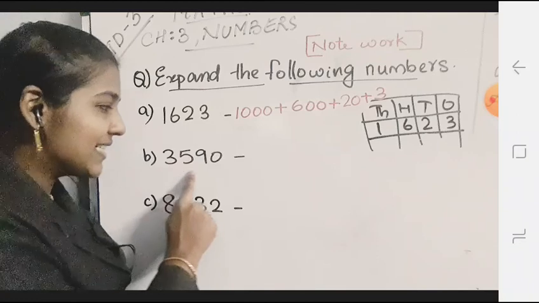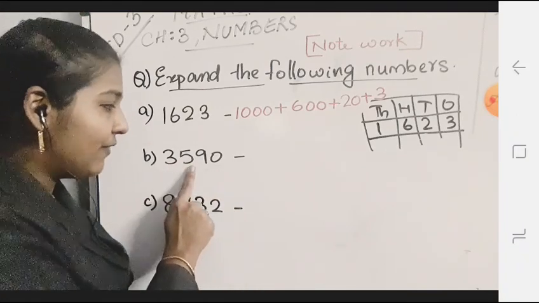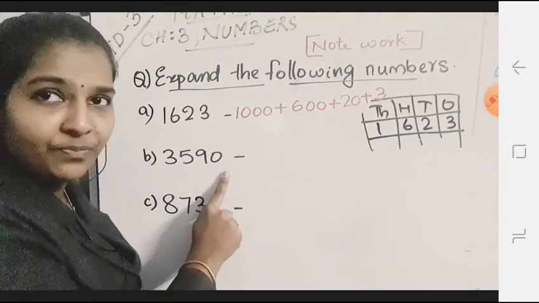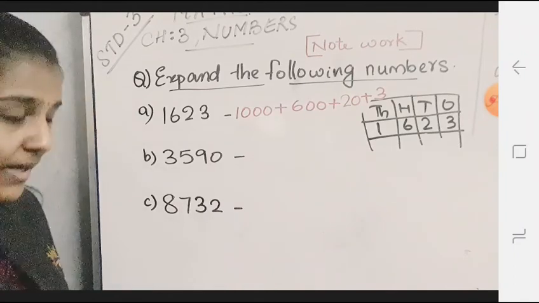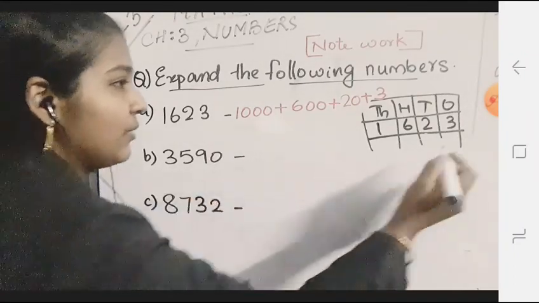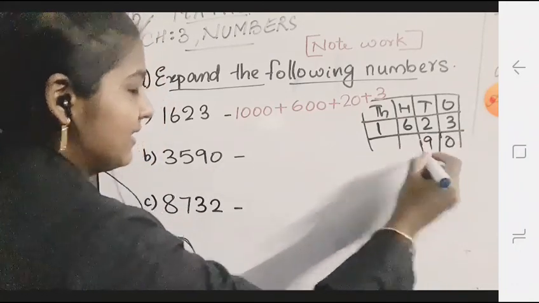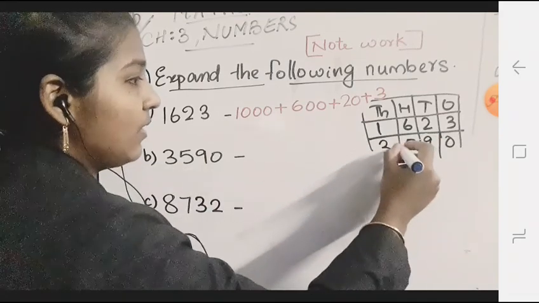Now let's discuss the expanded form of the second number. So it is 3590. So let's arrange this number also in the place value chart first. So 0 in ones place, then 9 in tens place, and 5 in hundreds place, and 3 in thousands place.